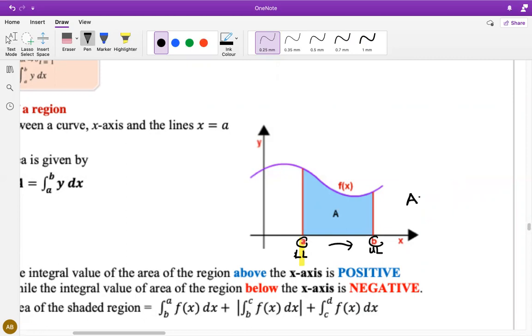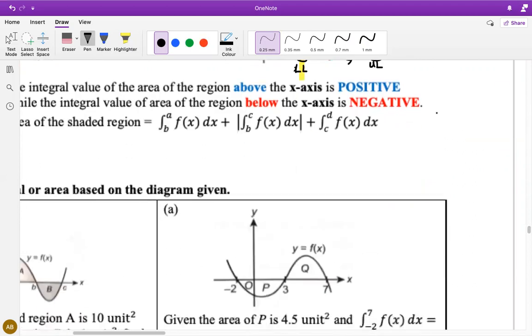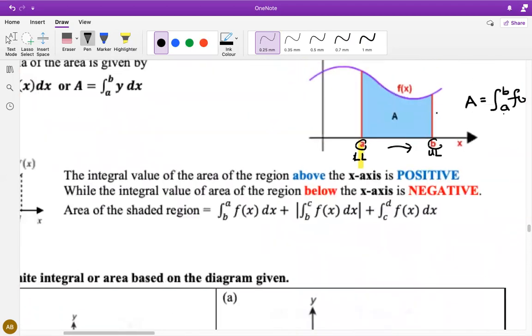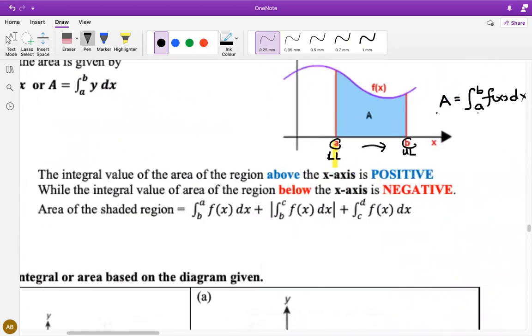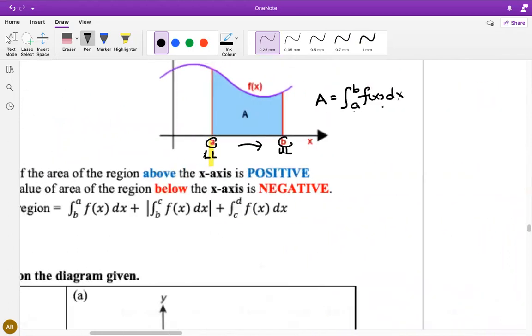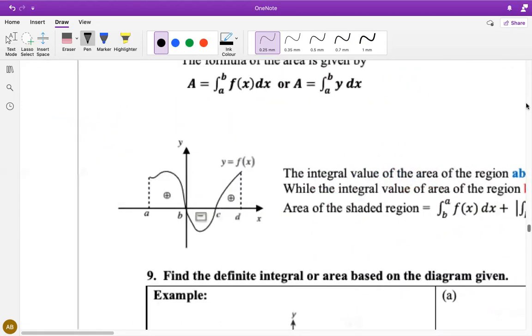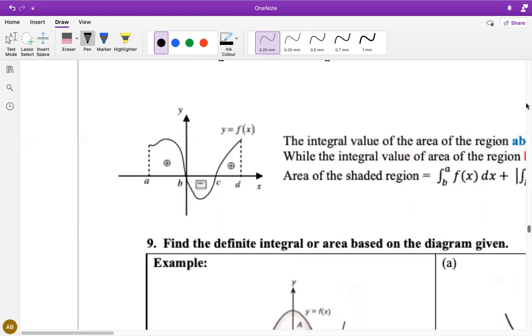So the area A can be determined by integrating f(x) with respect to dx from a to b, right? And one more thing you need to know is that this is a formula. Later on we will use it, then you will know how to use it.